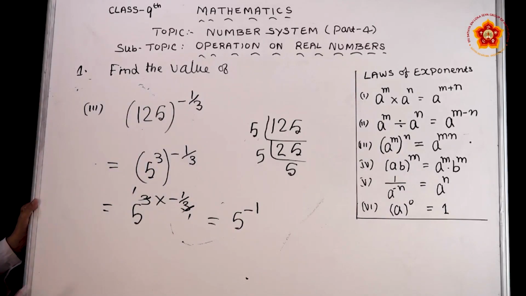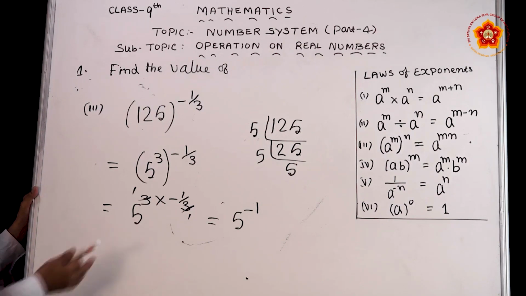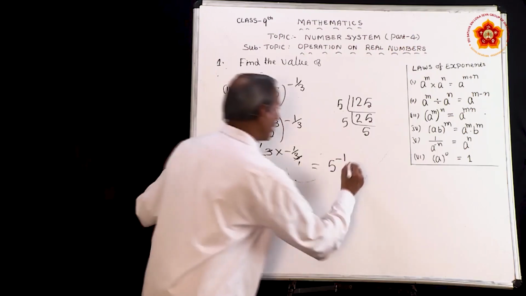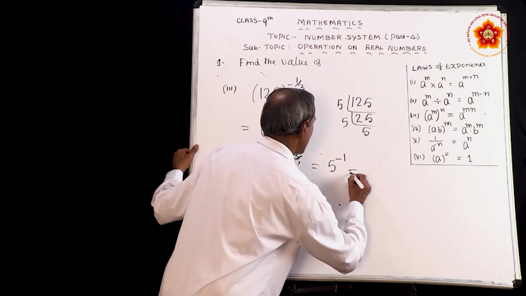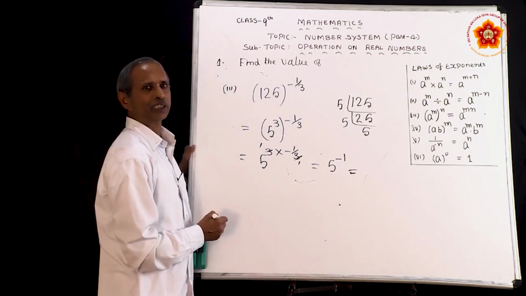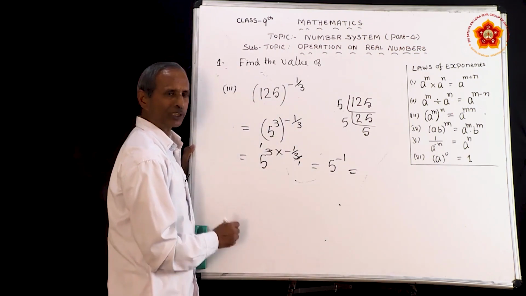Now there is a negative sign in the power. You can convert it into positive by interchanging the numerator and denominator. If you want to change to positive, you can. Otherwise, this is also a correct answer. Now I will change it such that the power is positive. Always keep it as a positive number.